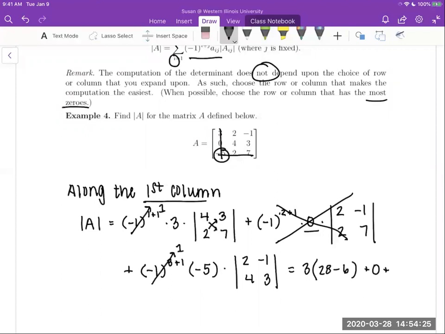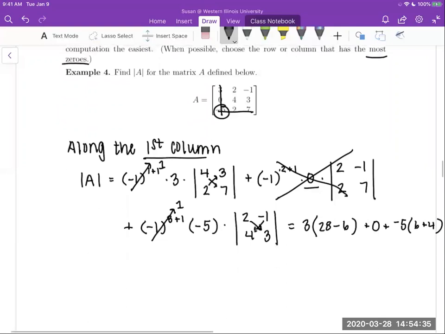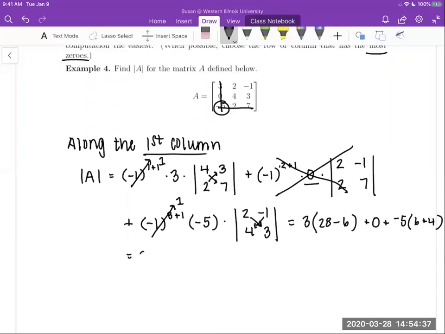And then the final term is -5 times 2 times 3 is 6, minus a -1 times 4 becomes a +4. So in the end, we have 3 times 22 minus 5 times 10. So we have 66 minus 50 for a final determinant of 16.